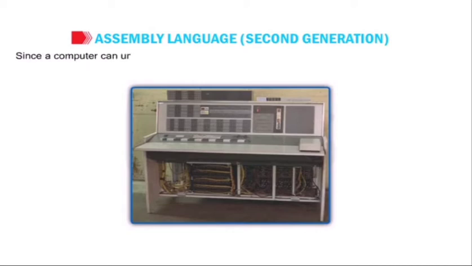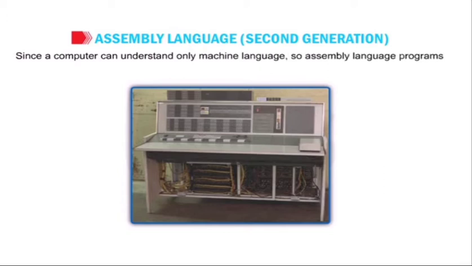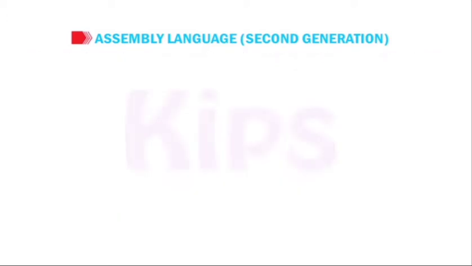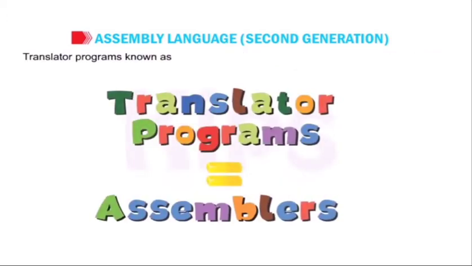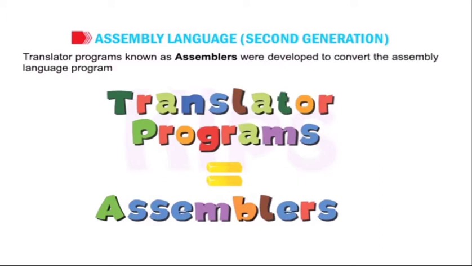Since a computer can understand only machine language, assembly language programs have to be converted into machine language. Translator programs known as assemblers were developed to convert the assembly language program into machine language.